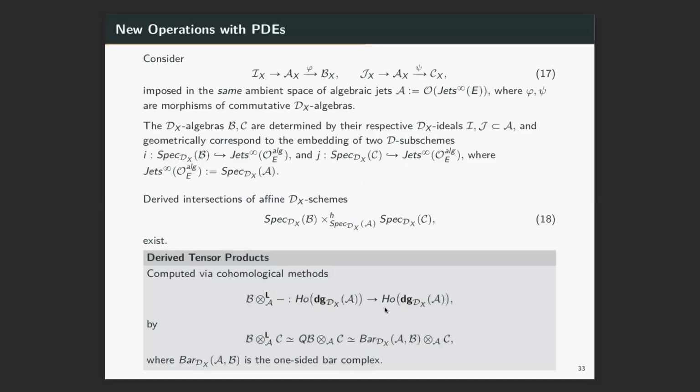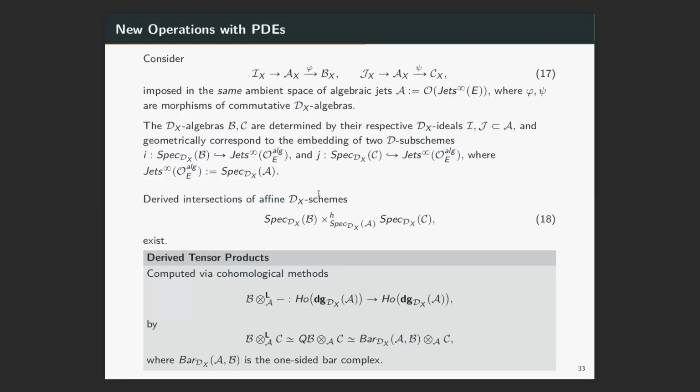So what can we do with these kinds of things? Well, for one, the same thing that we get in derived algebraic geometry is we increase our limits, our homotopy limits. We are formally adjoining homotopy fiber products. So now we have a way that we can do intersection theory with nonlinear PDEs by computing derived tensor products using cofibrant resolutions, or the so-called D-geometric bar complex, or two-sided bar complex.